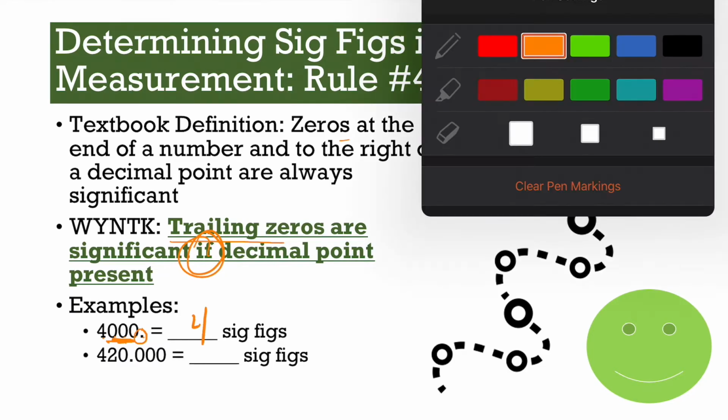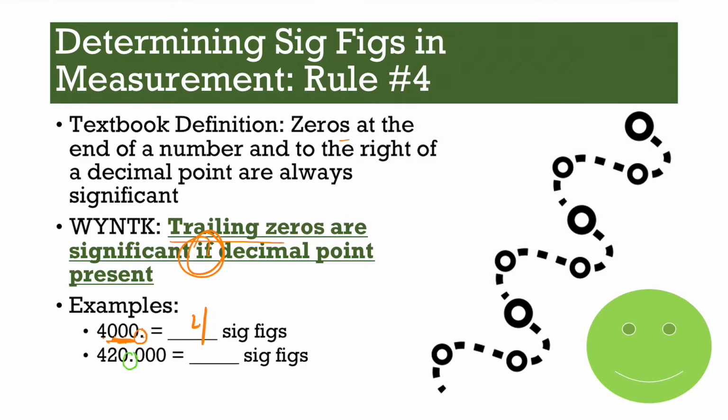In our next example, we have a decimal point. So that means all of these zeros are significant. So that means in total we have 1, 2, 3, 4, 5, 6 significant figures. The next one, so now we're adding on a bunch of rules. Let's go over this step by step. So this blue 0, not significant because it is a leading 0.